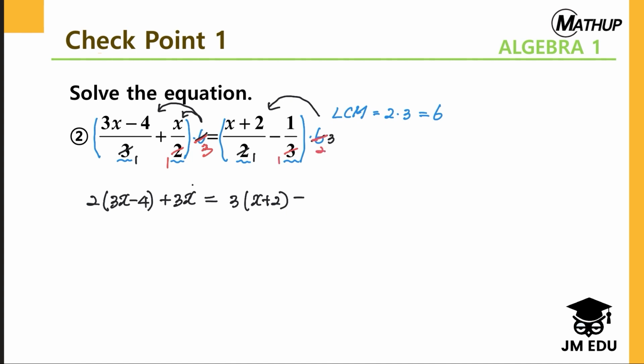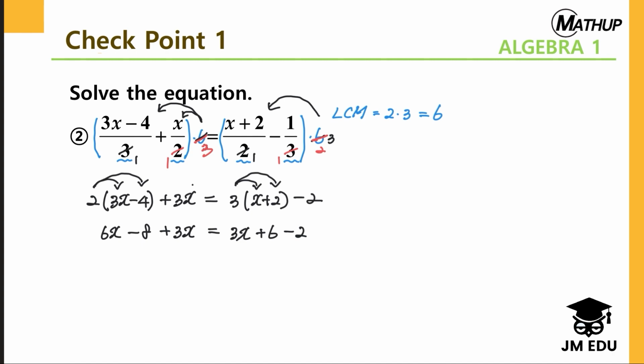So 2 times 1, that's minus 2. Right? So let's eliminate parentheses on the left-hand side and right-hand side. 2 times 3x, 6x. 2 times minus 4, minus 8, plus 3x is equal to 3 times x, 3x. 3 times 2 plus 6 minus 2.